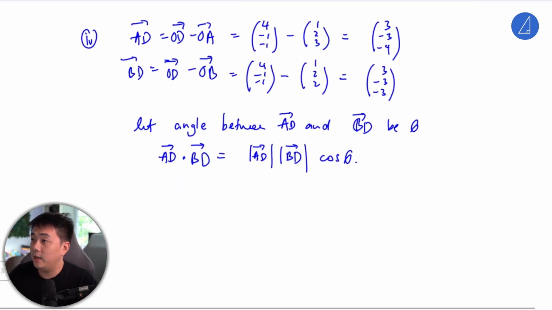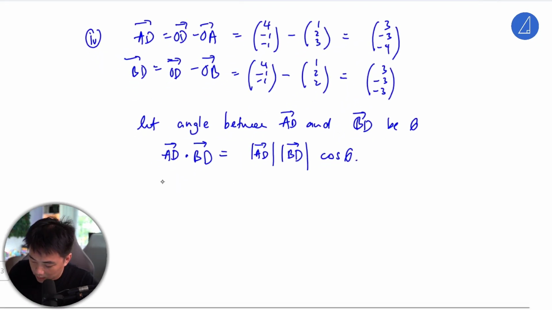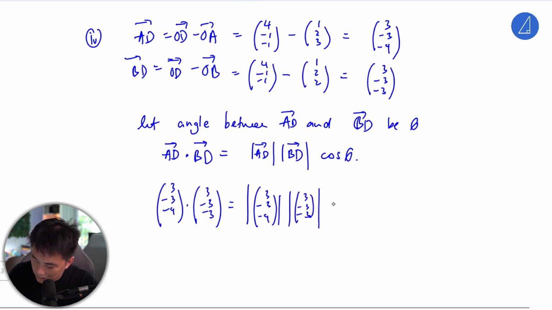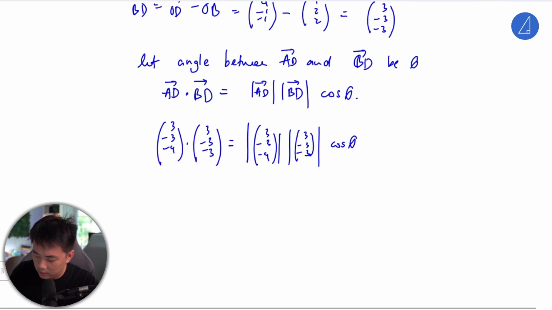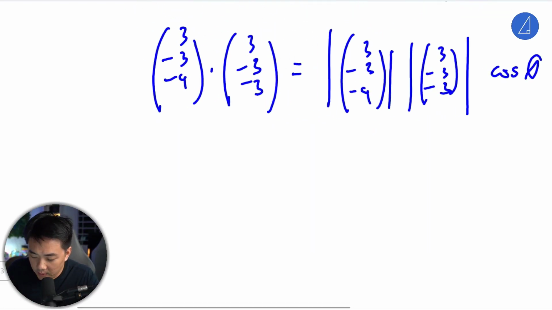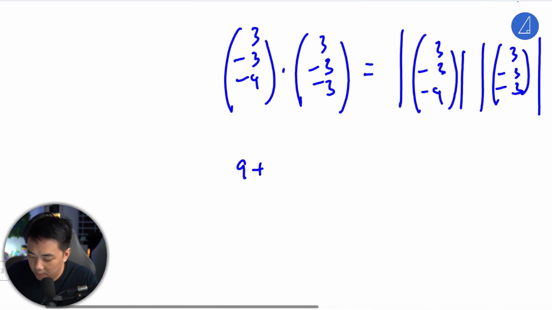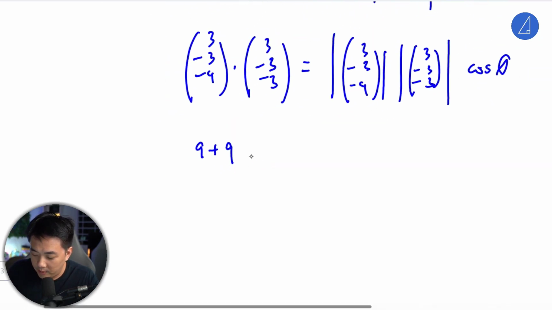Finding AD and BD is pretty okay, so just substitute it in. BD will just be 3, negative 3, negative 3, and AD is 3, minus 3, minus 4. The dot product: 3 multiplied by 3 is 9, minus 3 multiplied by minus 3 is 9, minus 4 multiplied by minus 3 is plus 12.